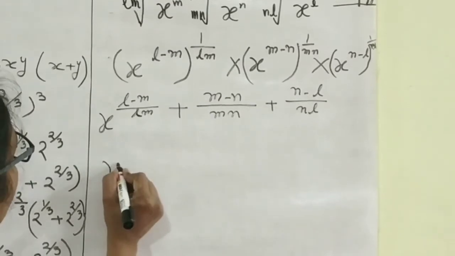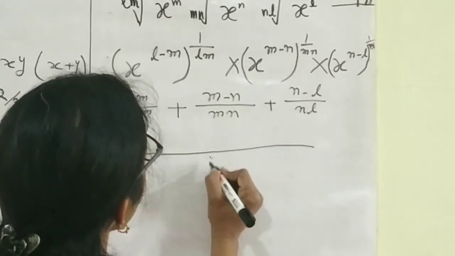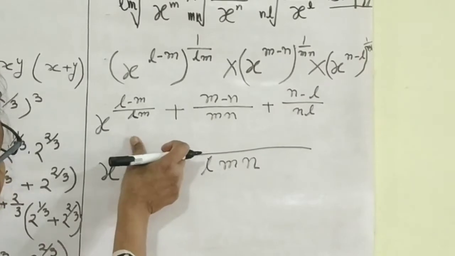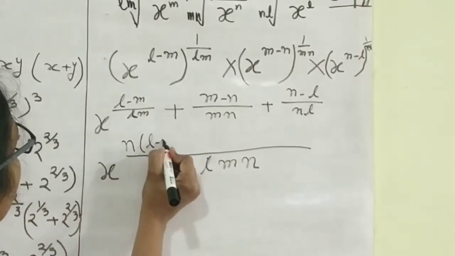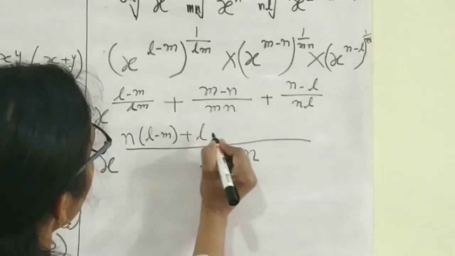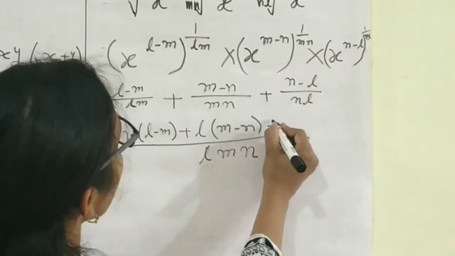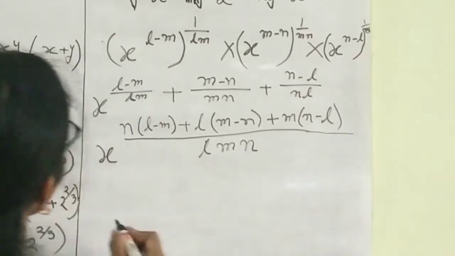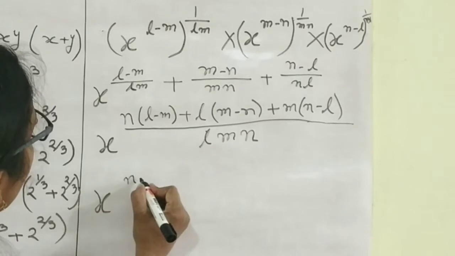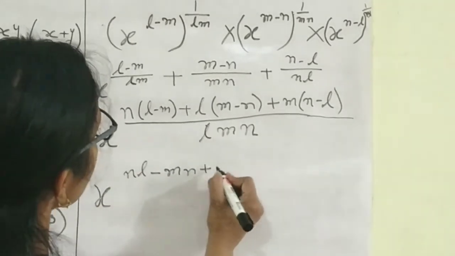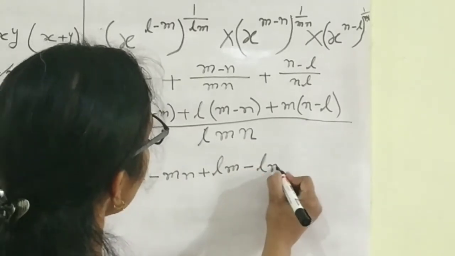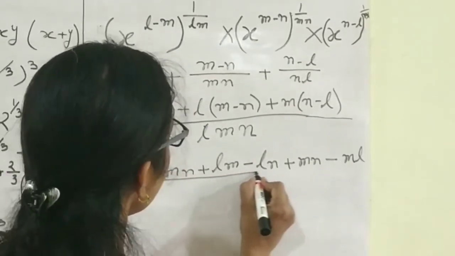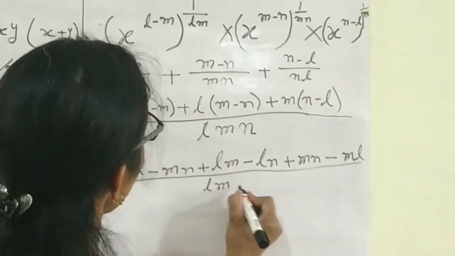So the LCM will be lmn. So x power n(l minus m) plus l(m minus n) plus m(n minus l), that is x power (nl minus mn plus lm minus ln plus mn minus ml) divided by lmn.